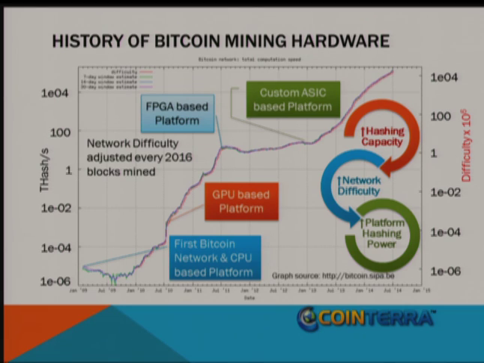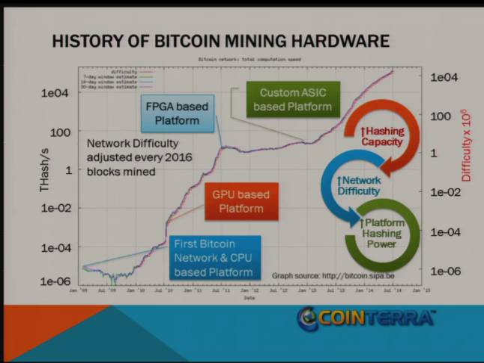So initially, in January of 2009, when the Bitcoin network started, the difficulty was very low, and you could do the mining using the CPU from your laptop or a desktop computer.